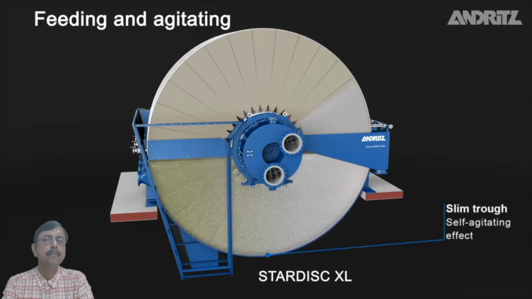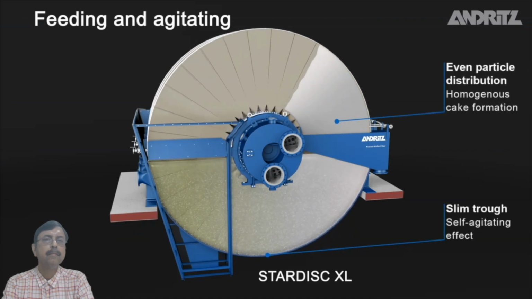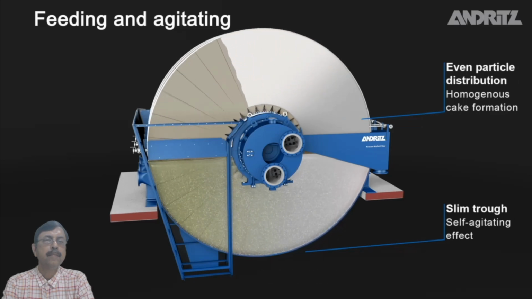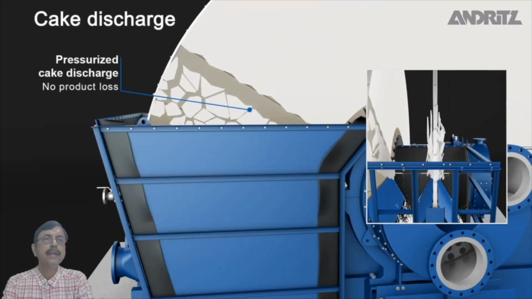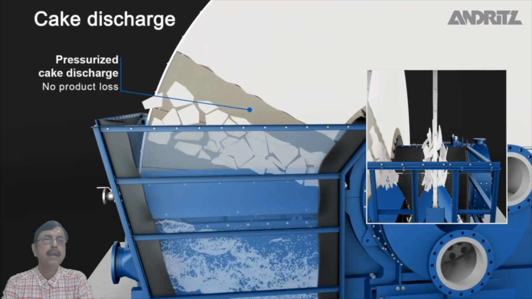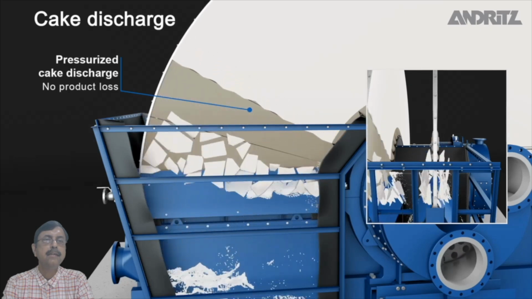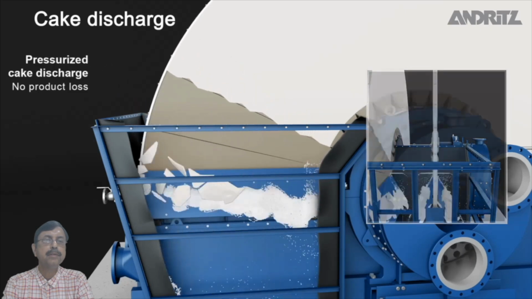So as the filtration occurs, the cake is formed, and there the cake is being scraped. You can see how it is being scraped. There is a scraper, a blue colored scraper. You can see the location of the scraper in the small inside video.